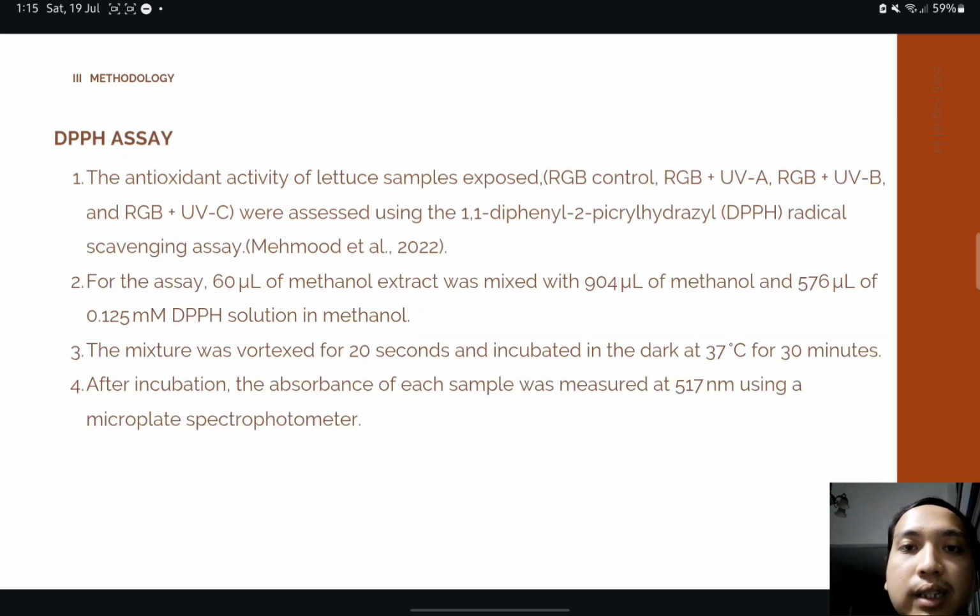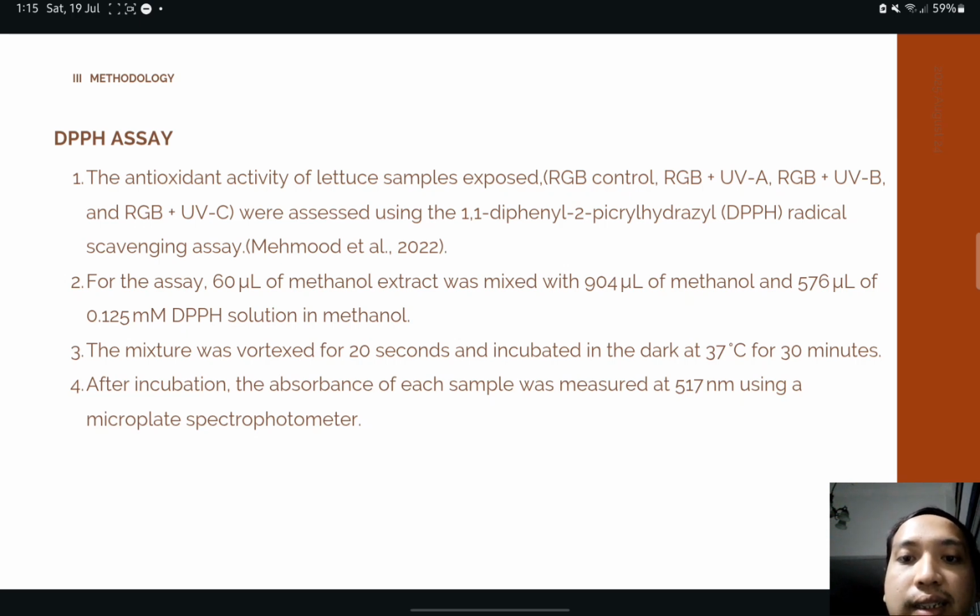So next we are going to do the DPPH assay. When we use the DPPH assay, we want to see the antioxidant activity. The antioxidant activity of the exposed lettuce samples was assessed using the 1,1-diphenyl-2-picrylhydrazyl DPPH radical scavenging assay.